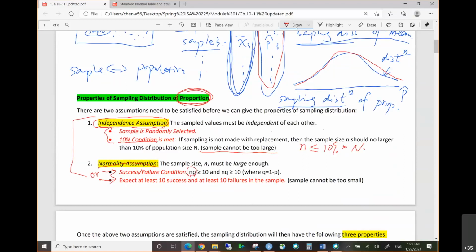Here, what you need to check is that the sample size n times the p. What is p again? Without the hat, it is the population proportion, right? So n is the sample size times the population proportion.